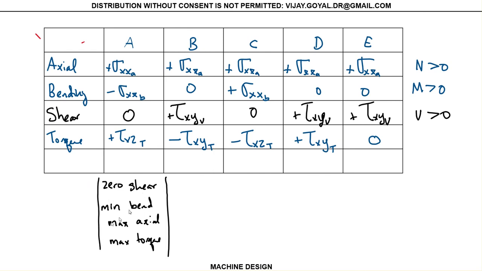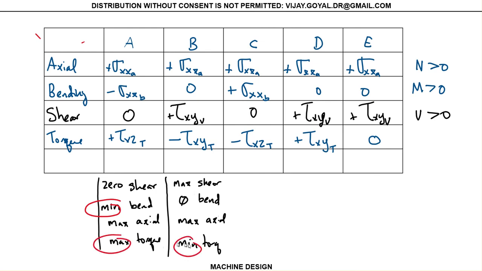At point B, we can see that we have max shear, but we have 0 bending. We have max axial, and we have minimum torque. These values, minimum, maximum, really, they're sign dependent, right? Because if it goes the opposite way, this becomes max, this becomes minimum, and this becomes max then.